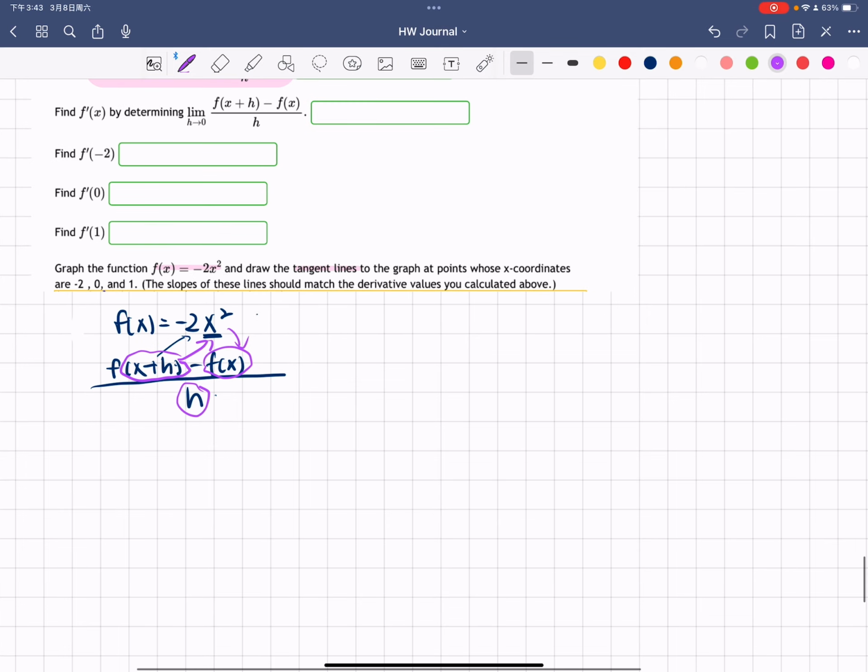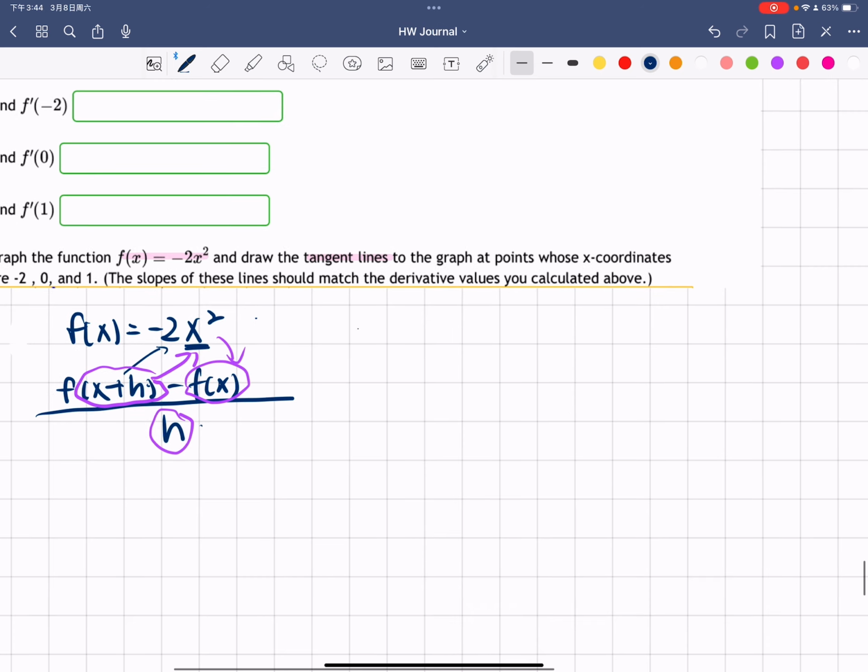Alright, let's go and work on it. Firstly, we're going to rewrite the terms. Instead of x, we're going to be using negative 2 times (x plus h) squared, minus negative 2x squared, because the second term is going to be the same, and then over h.